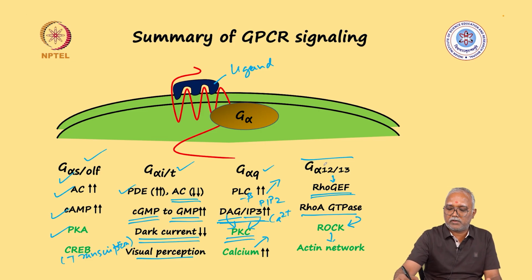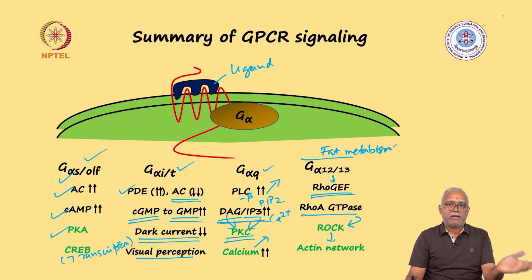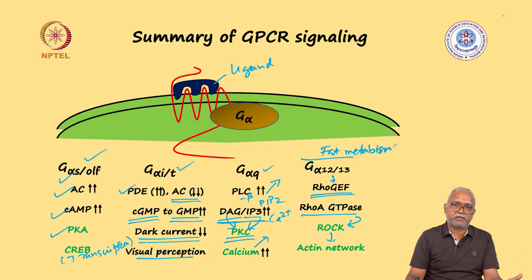In case of G alpha 12-13, we saw it was important for fat metabolism, responding to ATP or adenosine-like molecules, responding to exercise where energy consumption is happening, or a fat-rich diet where fat has to be stored.